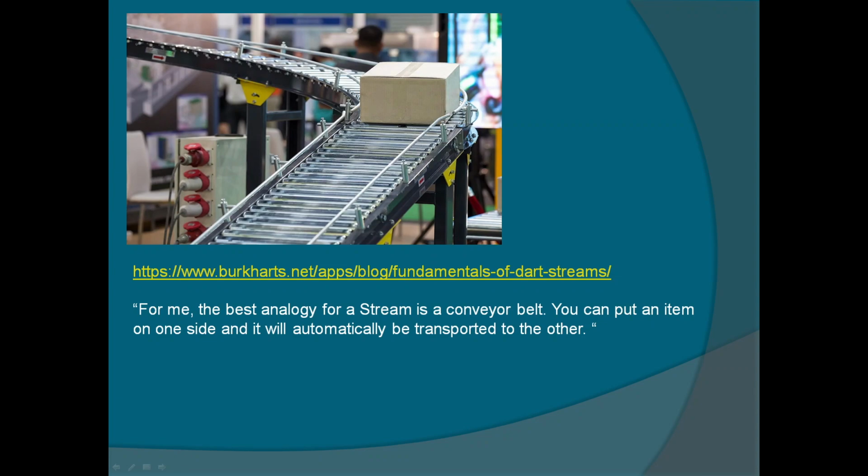We can imagine and compare the stream to a conveyor belt. In the article Fundamentals of Dart Streams, the author says, for me the best analogy for a stream is a conveyor belt. You can put an item on one side and it will automatically be transported to the other.